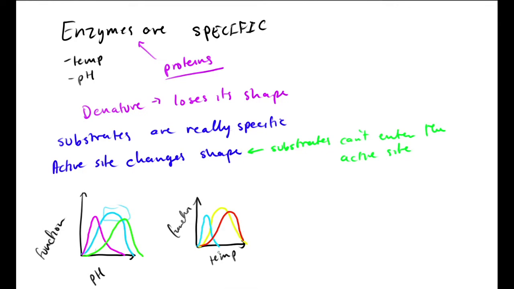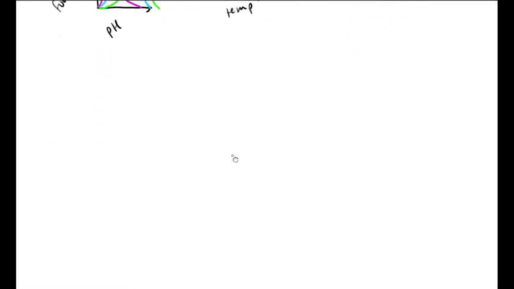So once we look at the denaturing of enzymes in relation to their environment, it's also important to look at inhibition. There are two main types of inhibition. Inhibition is essentially where substrates cannot bind to the enzyme because of certain factors.